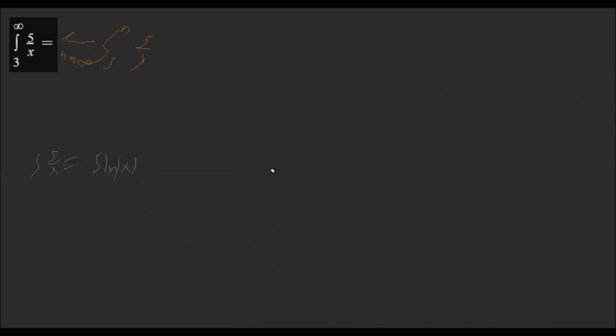And so if I were to go back up here to our original equation, I can say that this is equal to the limit as n approaches infinity of 5 natural log x from 3 to n. And so we can begin substituting in n, and we can begin substituting in 3.